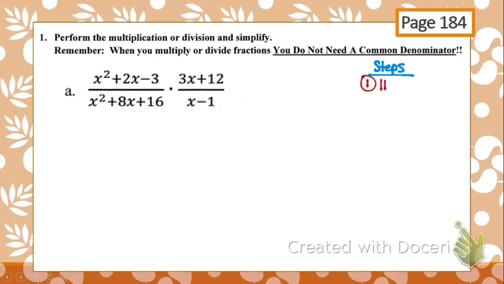First thing, if it's multiplication, I skip this step. If it's division, you're going to flip which one, the first or second fraction? Second. If division, flip second fraction. Then we're going to factor. And then we will cancel.